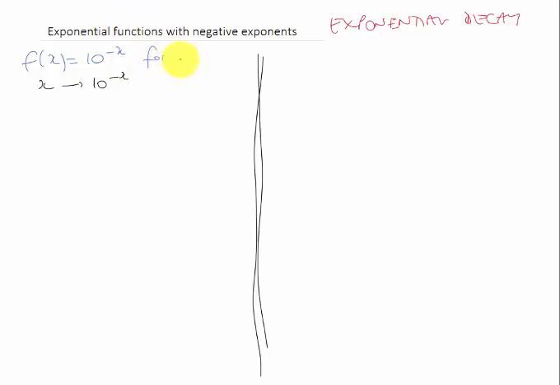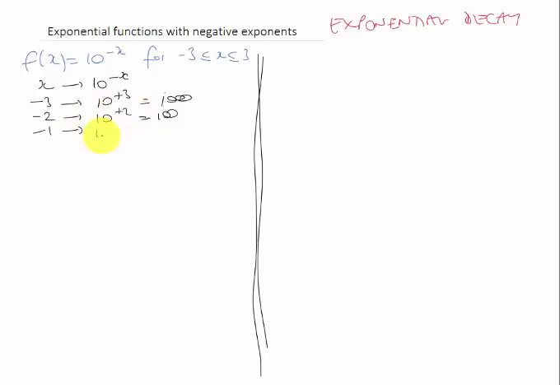So let's do it for numbers between minus 3 and 3. Minus 3 would give us 10 to the power plus 3. So we've already got a minus, we've got another minus, so that's 1,000. Minus 2, 10 to the power plus 2, or 100.